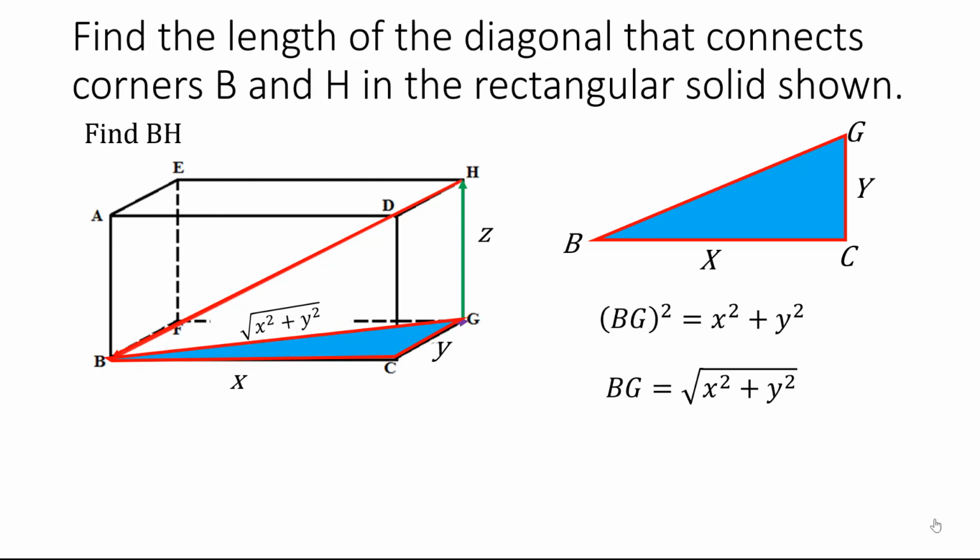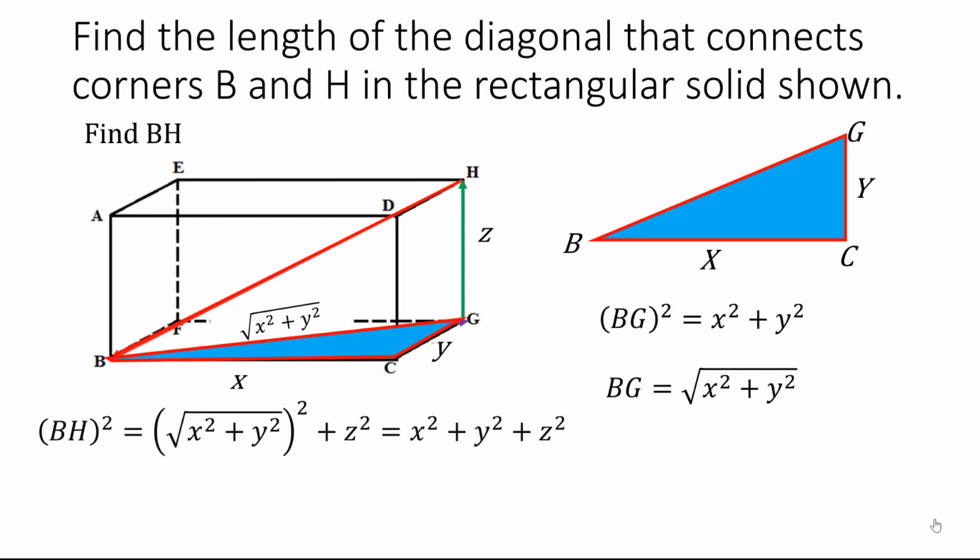So using the Pythagorean theorem on that triangle, we're going to have BH squared equals the long leg squared, square root of X squared plus Y squared, squared, plus the short leg squared, Z squared. And if you square that square root, just to simplify it, that equals X squared plus Y squared plus Z squared. So if BH squared equals X squared plus Y squared plus Z squared, then BH is just the square root of X squared plus Y squared plus Z squared.